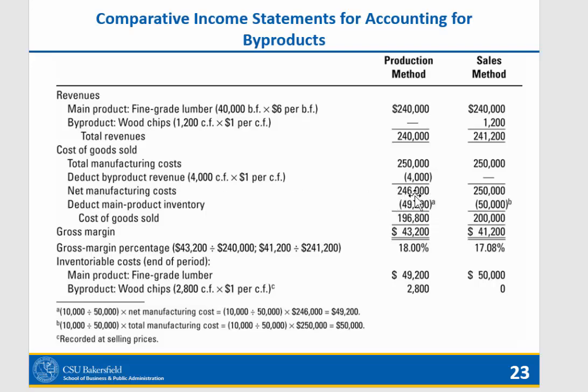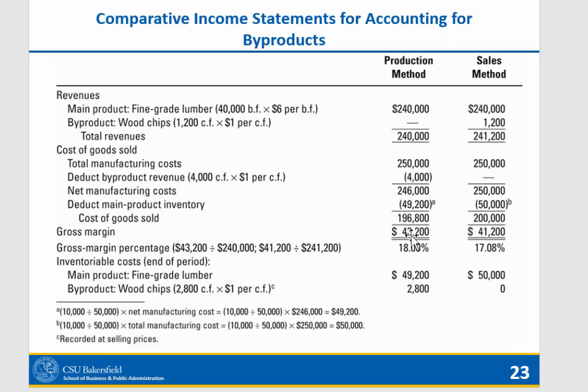This 246,000 is for the entire 50,000. So you divide 246,000 by 50,000 to find the CGS cost per board foot, then multiply that by 40,000. That's how you end up with 196,800 and 49,200. This tells you the CGS. Then you use 240,000 minus this CGS to end up with the gross margin.